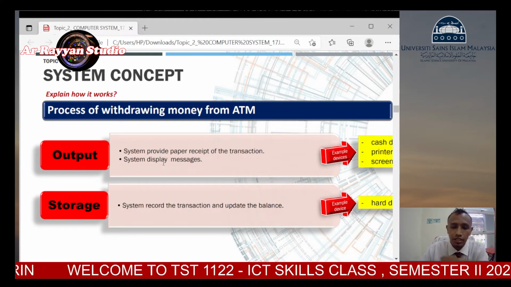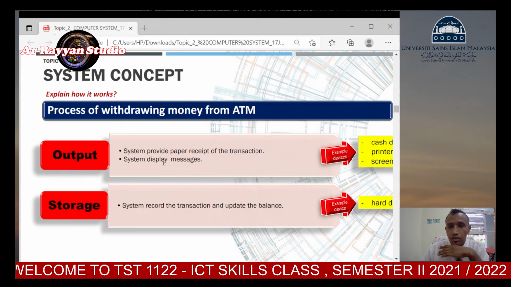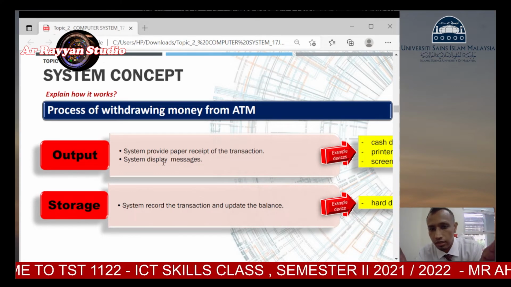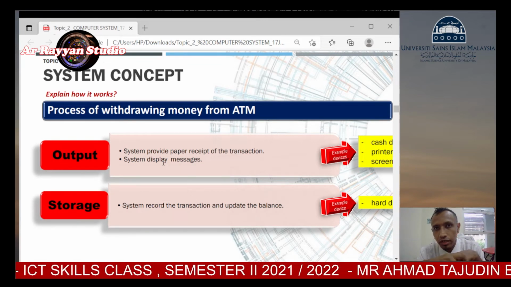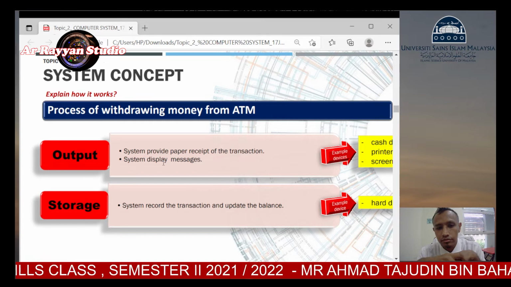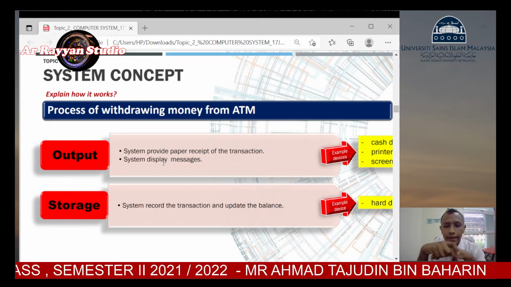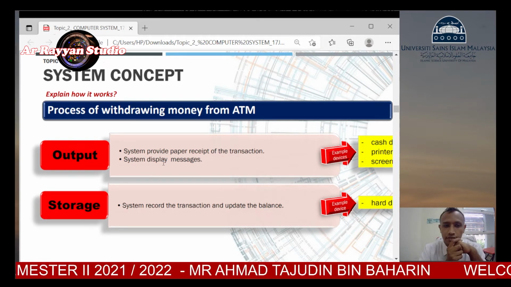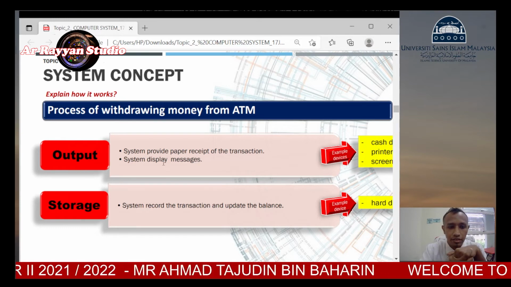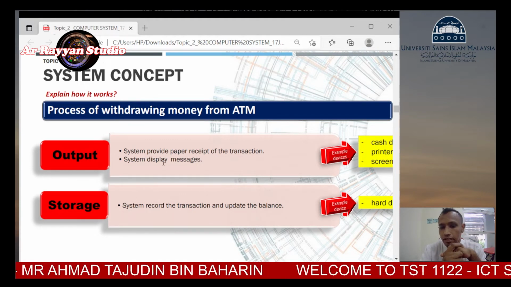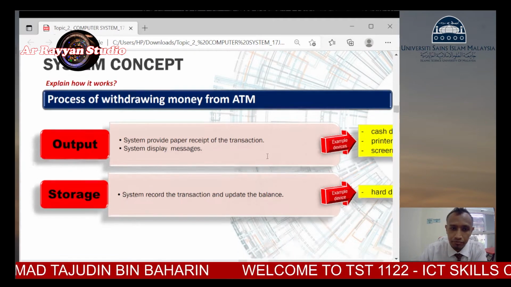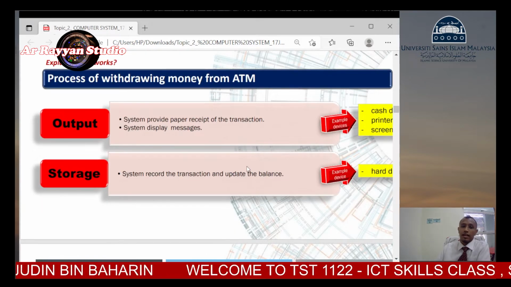So after the print receipt, the display also will display the balance of your account. Alright, and then last one is the storage. Alright, the system will record the transaction and update the balance. That one on the storage side. Okay, faham tak? Do you understand?